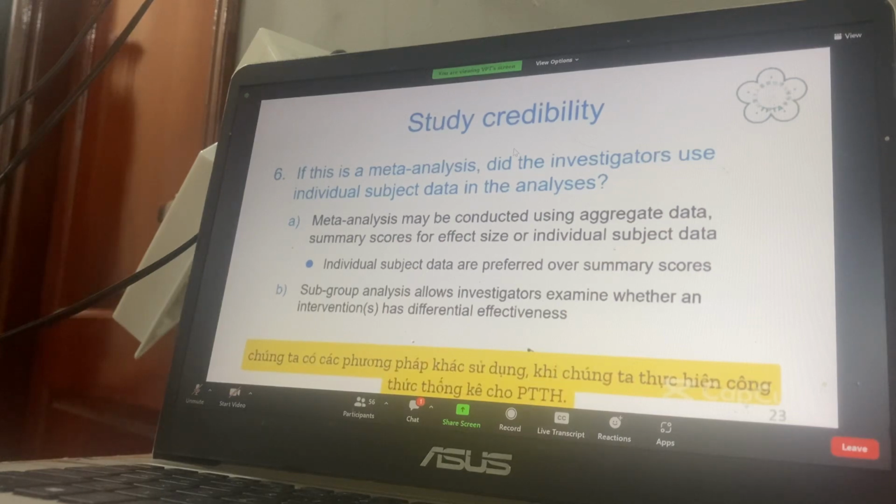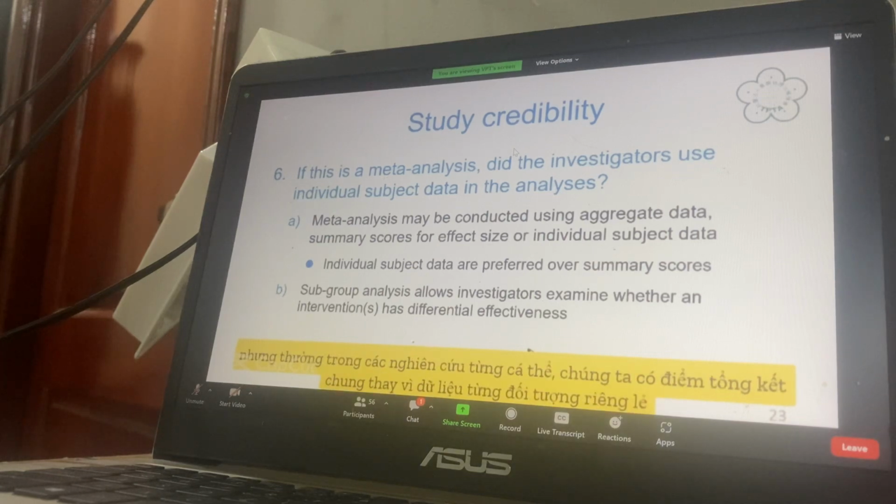We have different methods to use when performing the statistics for meta-analysis. However, individual subject data are more preferred over a summary score.